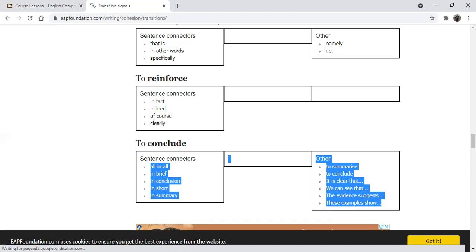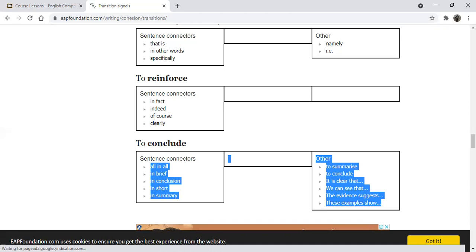Signals used to compare, such as likewise, similarly, equally, in the same way, and, both, and, not only, but also, neither nor, just as, like, alike, just like, to be similar to, to be alike, to be similar.